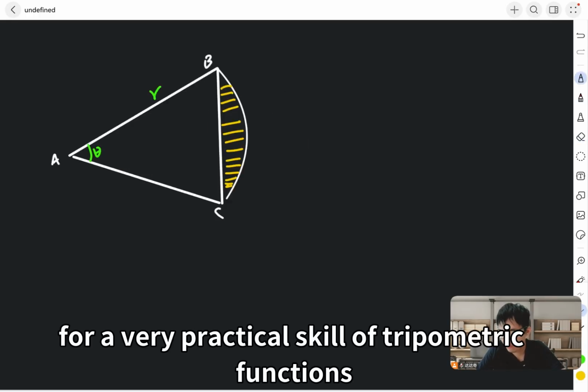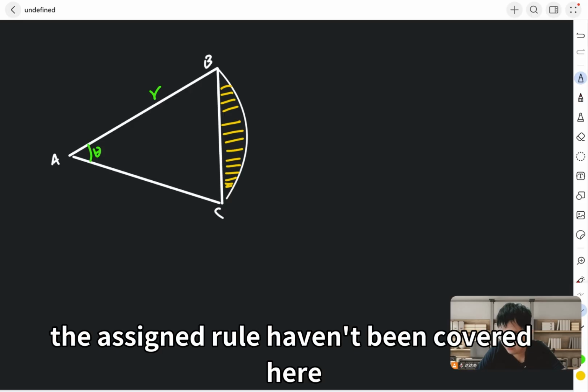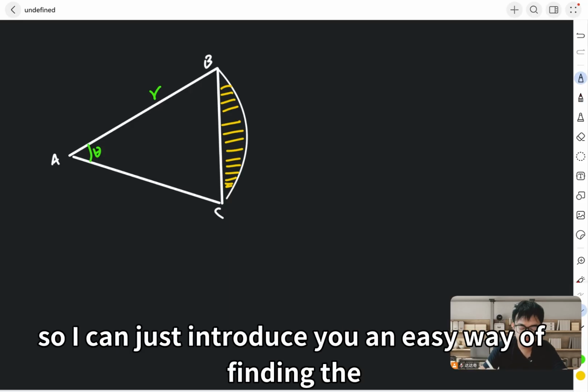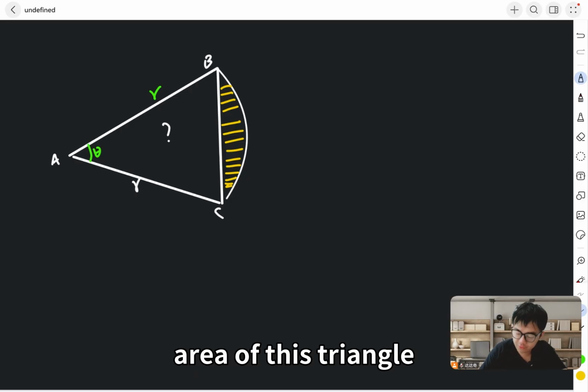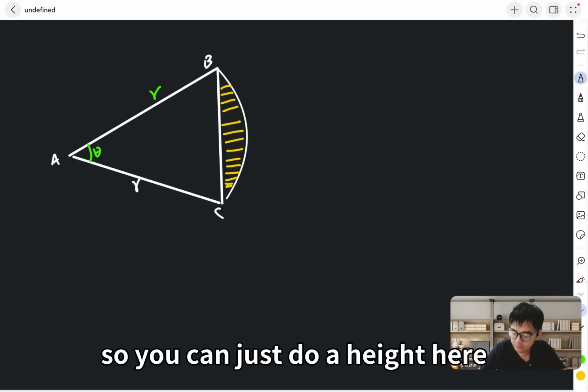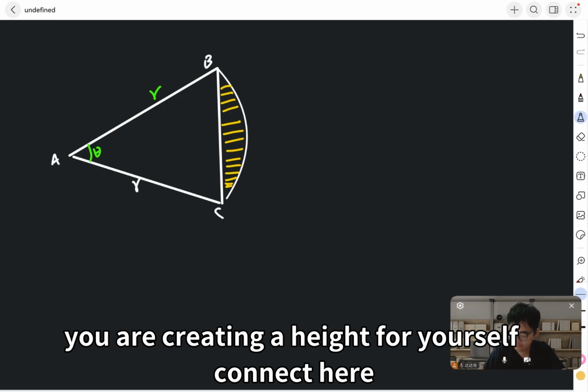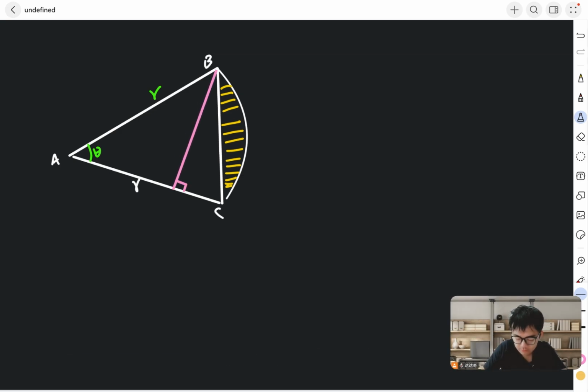The sine rule hasn't been covered here, so I can just introduce you to an easy way of finding the area of this triangle. You create a height for yourself, connecting here.